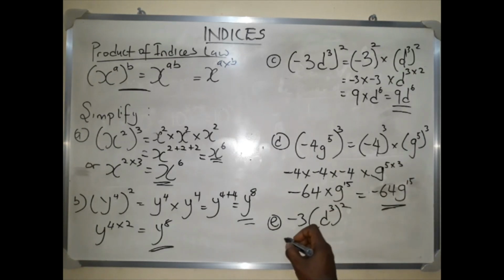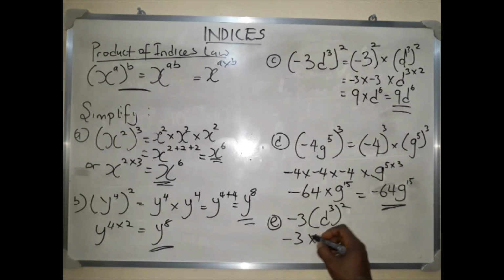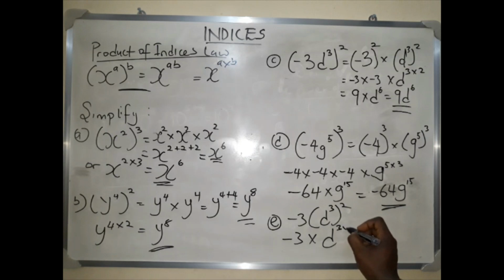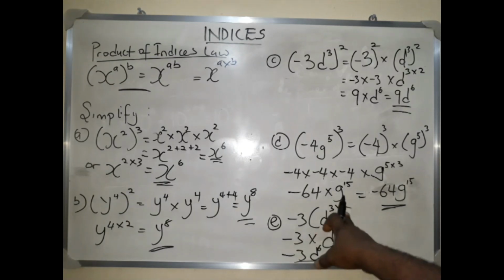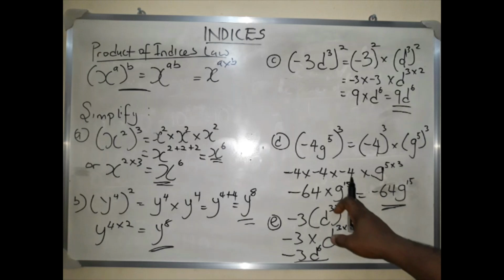So if you want to solve something like this, this will be your answer. It will be minus 3 times d raised to the power 3 times 2, which will give you minus 3d^6. You can see that minus 3 is not in this bracket, so this power did not affect minus 3. It only affected what was inside the bracket. That is why we have minus 3d raised to the power 6 as the final answer.